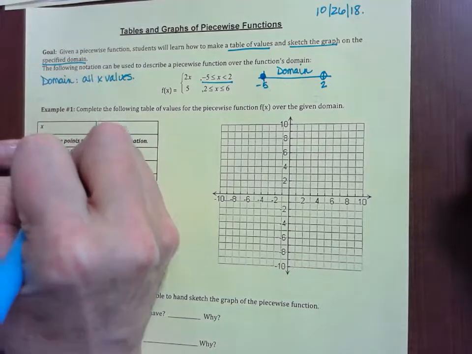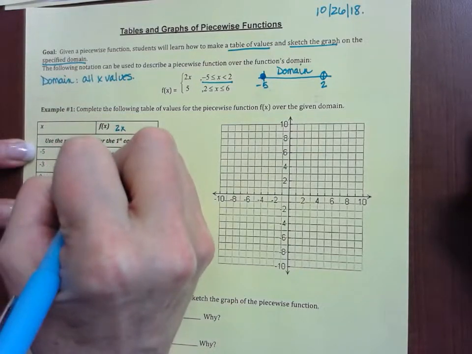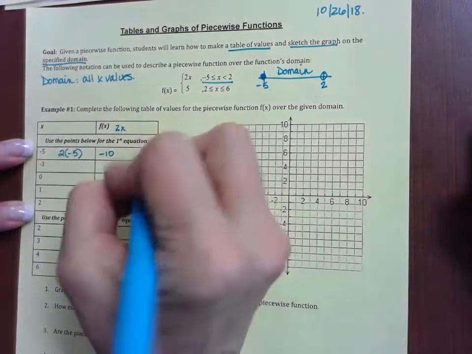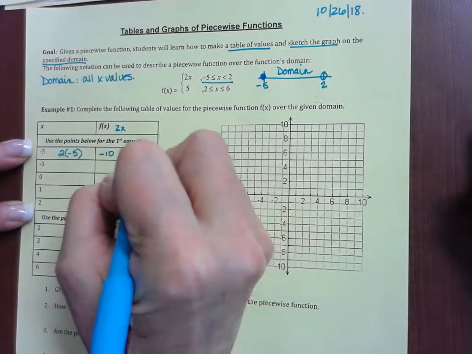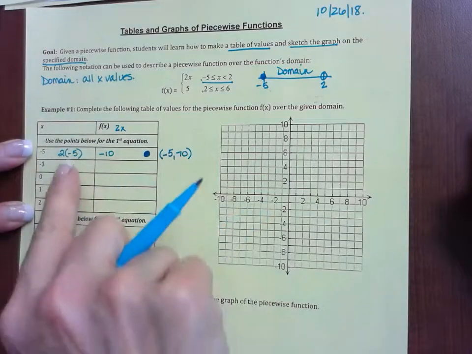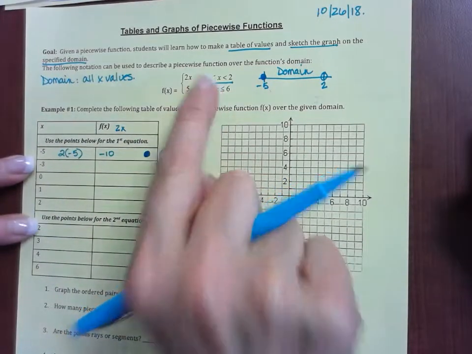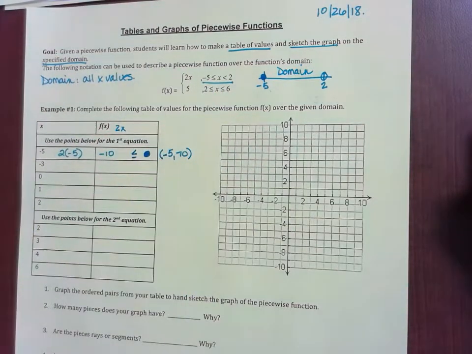So 2 times -5 gives me -10. That's my ordered pair, -5, -10. And since it includes -5, because it's less than or equal to, I'm going to have a solid dot. Agree with me on that one?